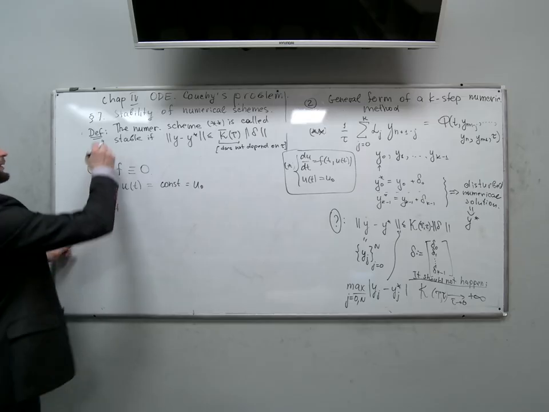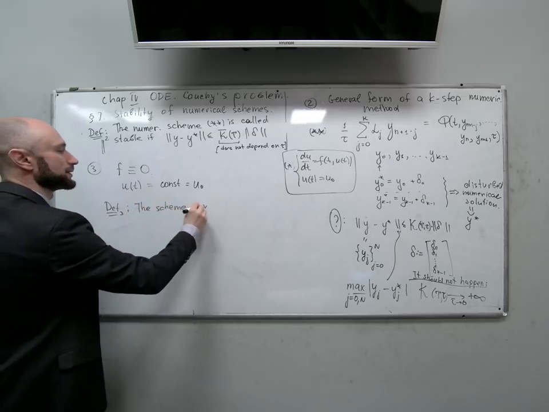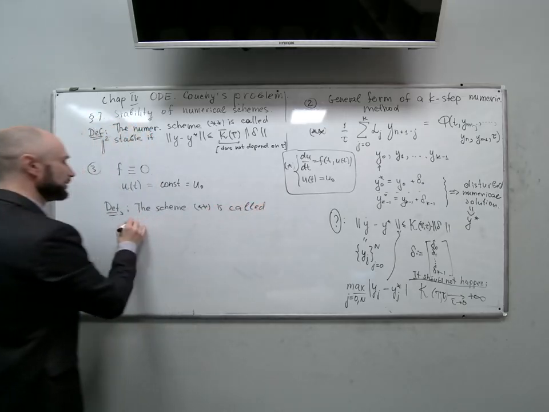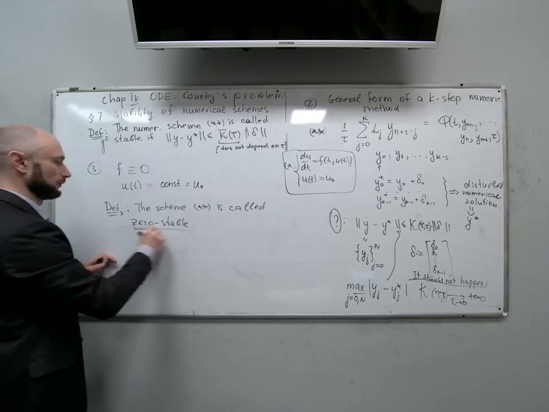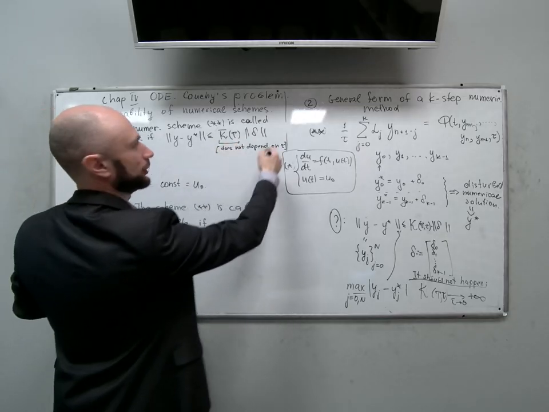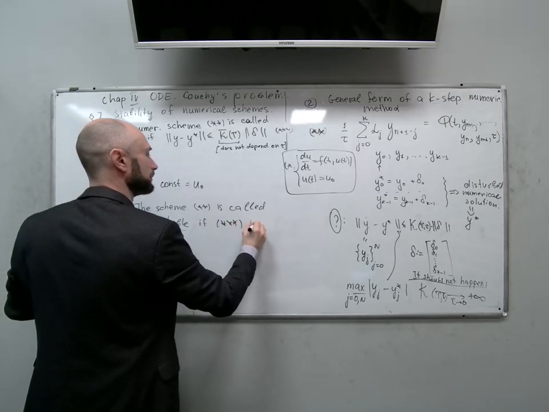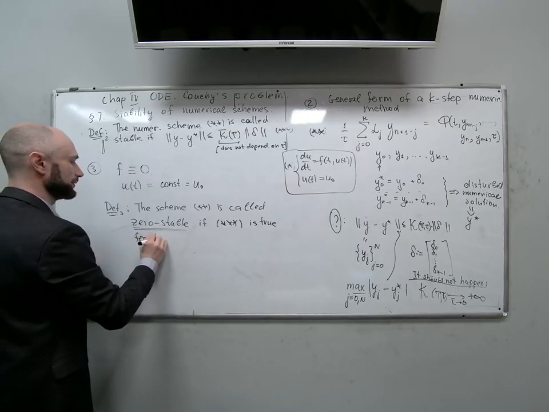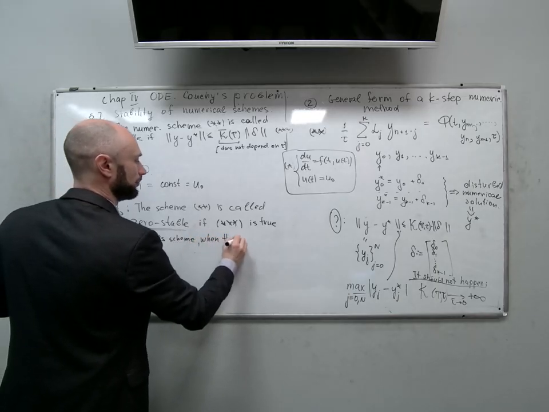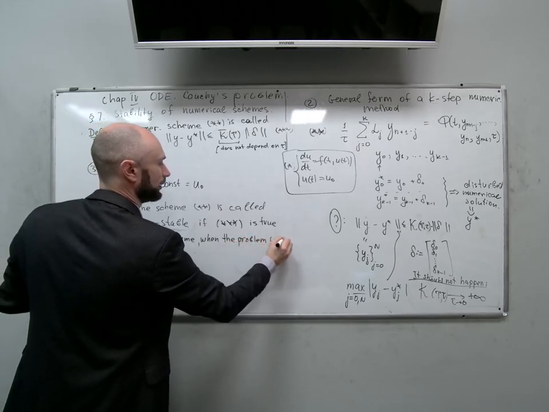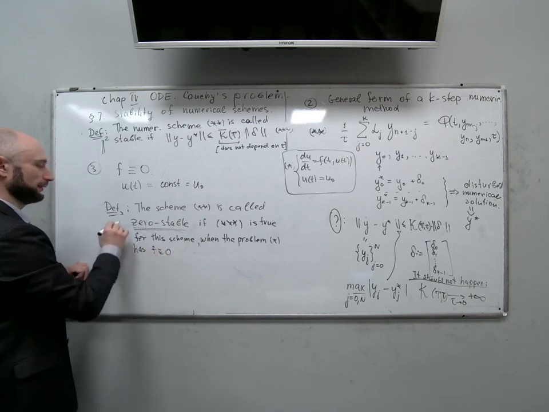So, let's call it definition number 3. The scheme 2 stars is called zero stable, in Russian "нуль устойчивый", if the relation 3 stars is true for this scheme when the problem star has f equal to 0.